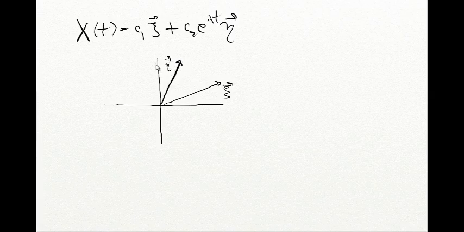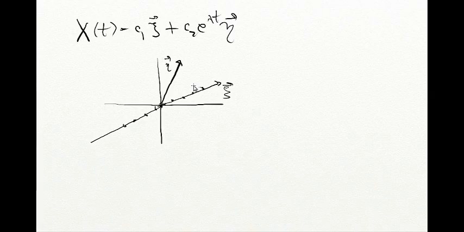And what kind of curves do we get? Well, first let's consider c2 equals 0, c1 not 0. Then, since there's no t, we just get a set of points along that line. Right? So every point on that line corresponds to a solution curve. That corresponds to c1 xc, and c2 is 0.